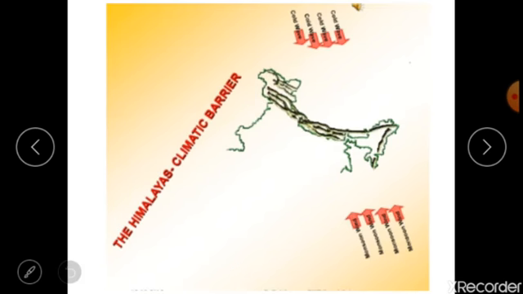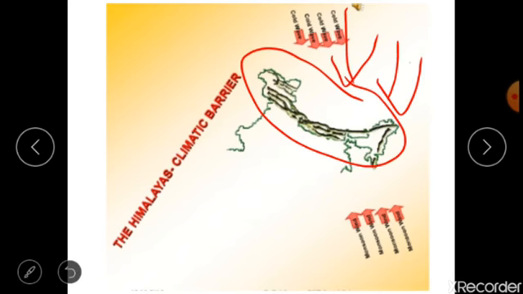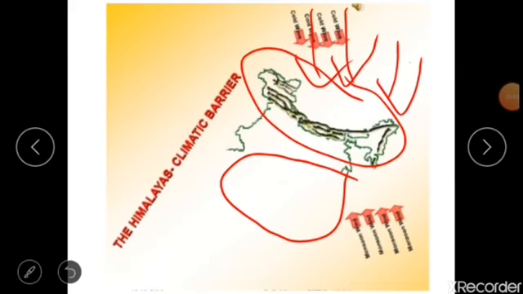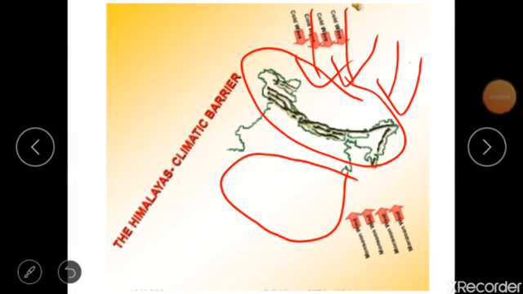Similarly, the Himalayan ranges block the cold winds. That is why this region does not experience a cold climate. So this proves that mountains act as a barrier for cold or hot winds to pass, or they alter the climate of a region.